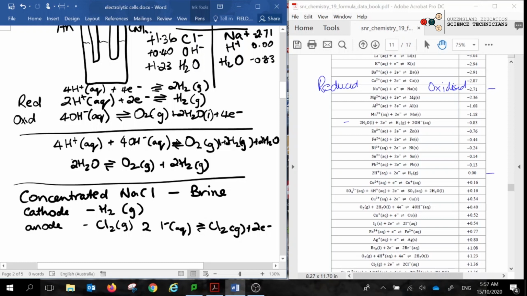So that will still be this one, or if you prefer, you can use the H2O, this one here. So we can do the 2H2O, which will still give me my hydrogen gas.